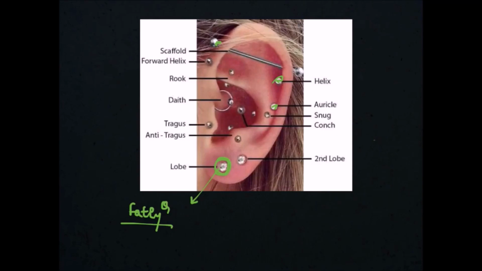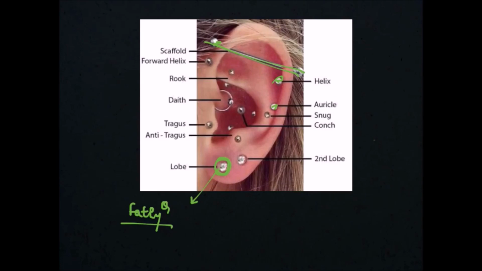So what we do is give anesthesia over the nerve supplying the region, and then we do the piercing. We keep the patient on antibiotics to prevent infection and inflammation, and after some time the perforation becomes permanent, and then we can use the ornaments. So which nerve do we have to anesthetize? Now this has become the point of question.